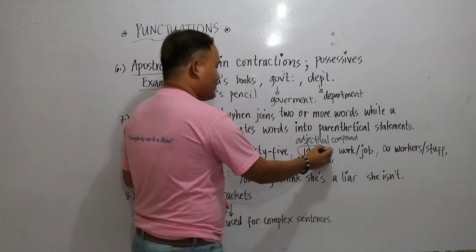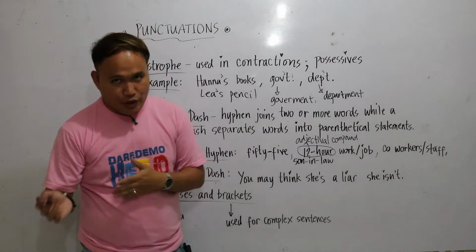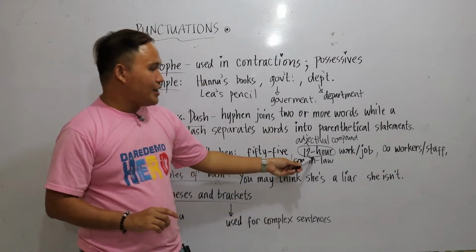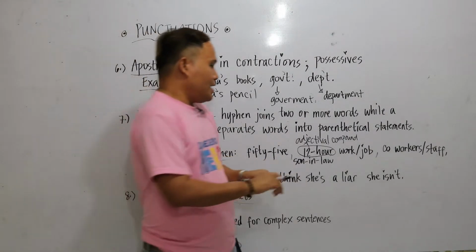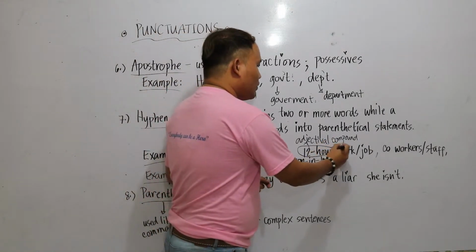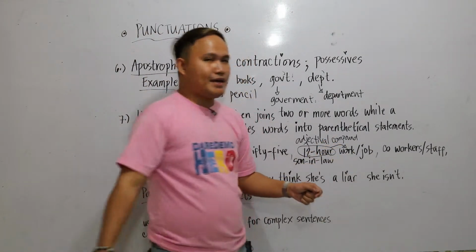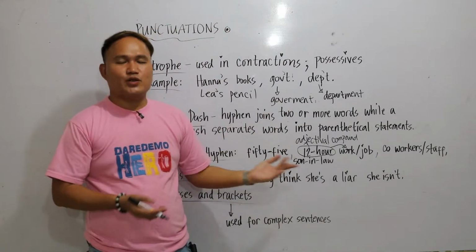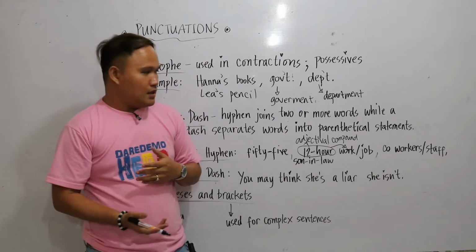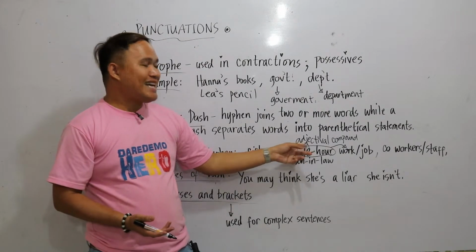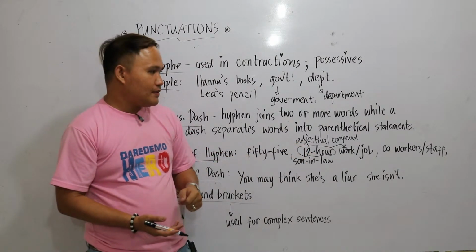You don't say 12 hours work. This phrase, 12-hour, modifies what kind of work a person has. It's a 12-hour work, a 12-hour job or a 12-hour shift. So it's what we call an adjectival compound.